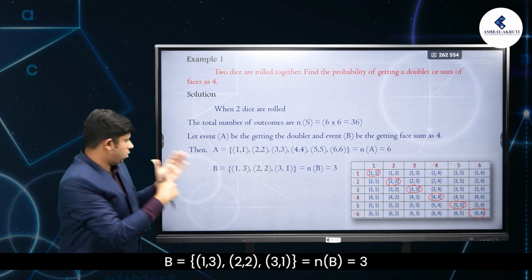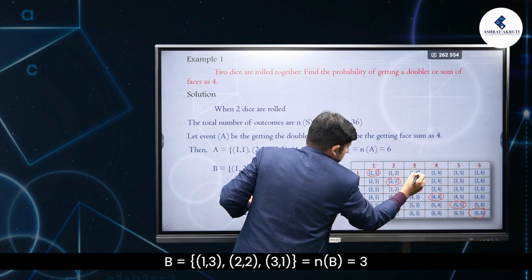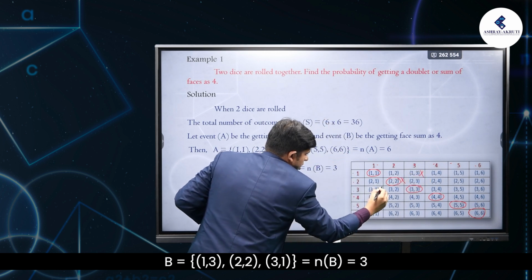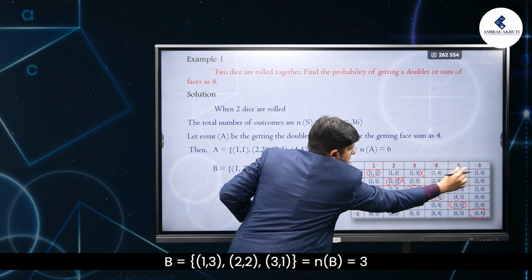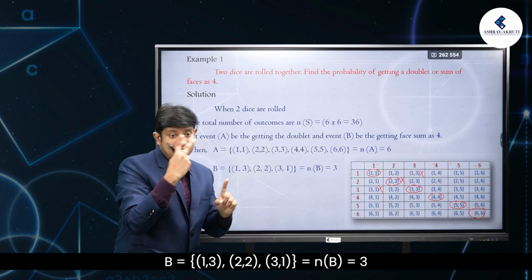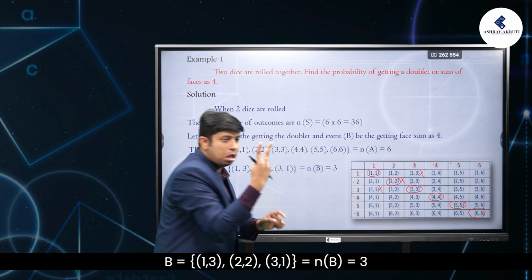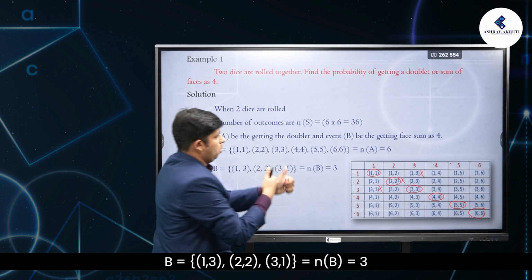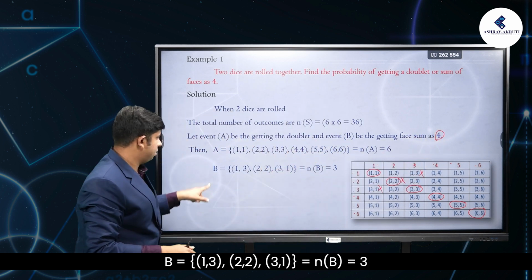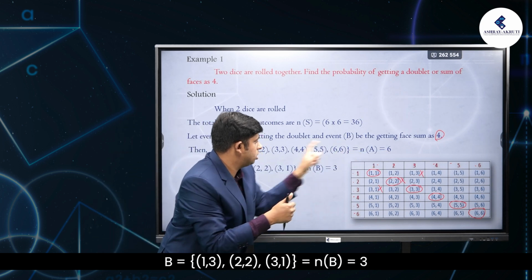B is equal to {(1,3), (2,2), (3,1)}. N of B is equal to 3.